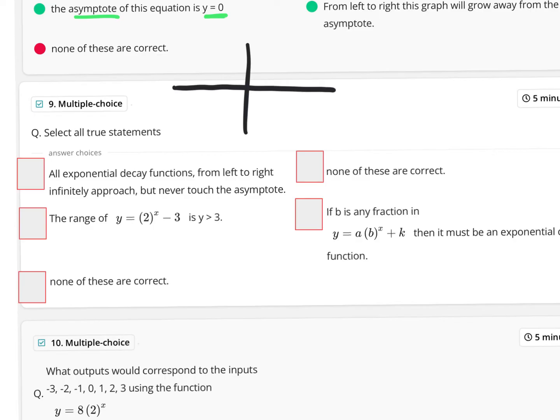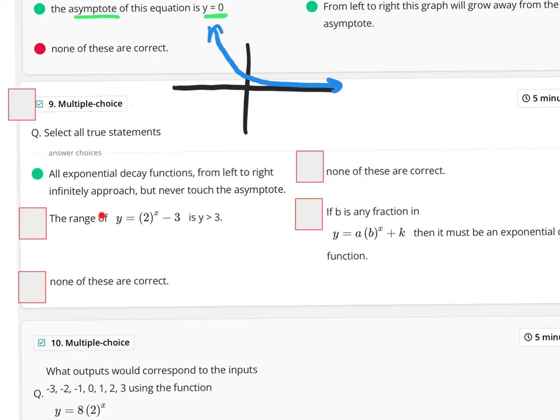So here's an example of an exponential decay function. This one is probably, I don't know, let's call it y equals 1/2 to the x. But anyway, is this true? All exponential decay functions from left to right infinitely approach but never touch the asymptote, in this case y equals 0. That is true.